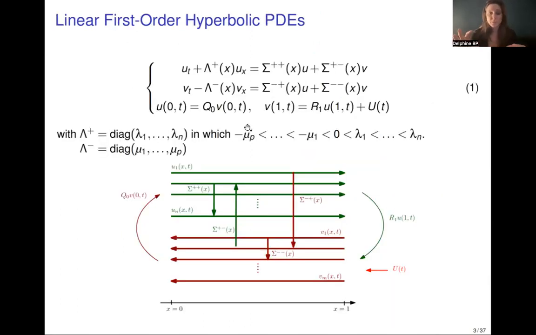Okay, so this type of equation indeed models, for instance, the heat exchanger, where U and V would be simply scalar variables, accounting for the temperature along the channels. Sigma plus plus and sigma plus minus here would then be H or minus H divided by the surface, H being the convection parameter.